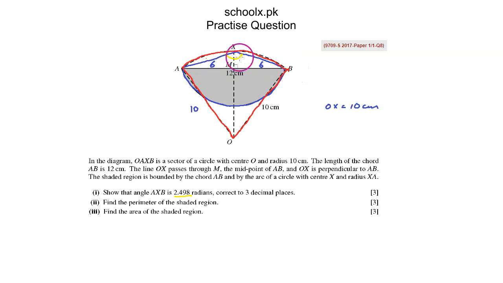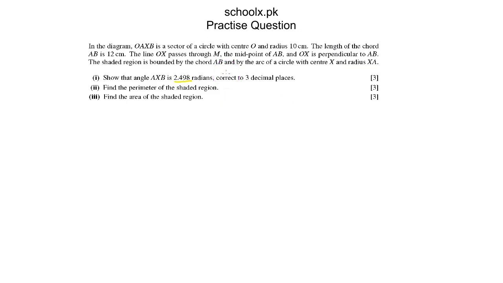AX equals XB. Hence this line, which goes directly to the base, cutting the base into two equal halves, will also be the angle bisector of this angle, dividing it into two equal halves. So if I find the angle AXM and multiply it by 2, I'll get the angle AXB. And I can find the angle AXM from the triangle AXM. So let me draw the triangle AXM. Part 1.